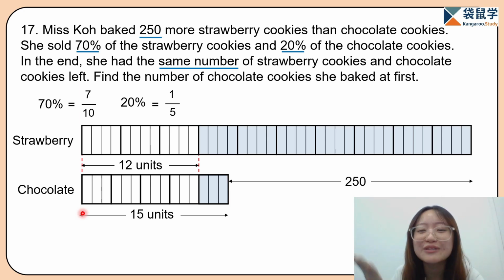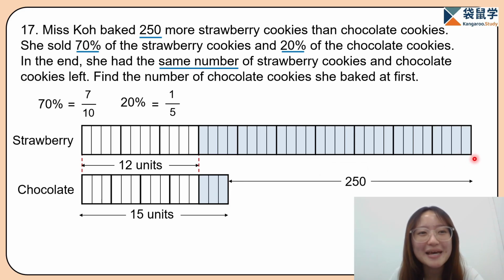And the only value that was given to us was 250. So how many units does it correspond to? From the model, we can see that it corresponds to 25 units. So if we count all of these, this will be 25 units.